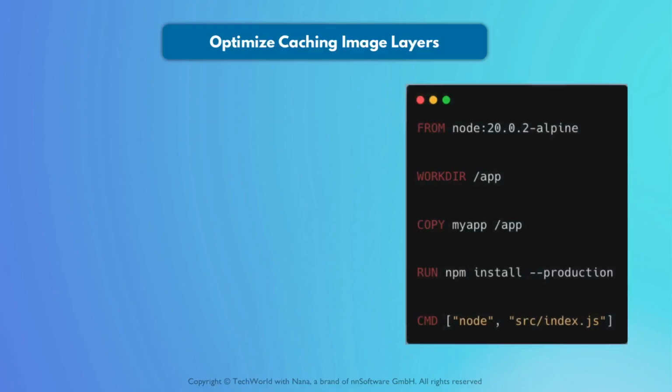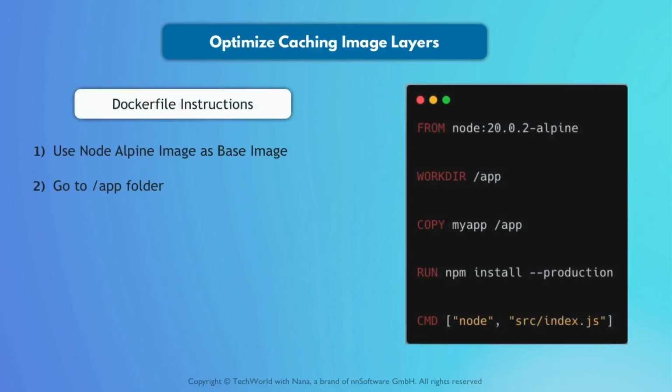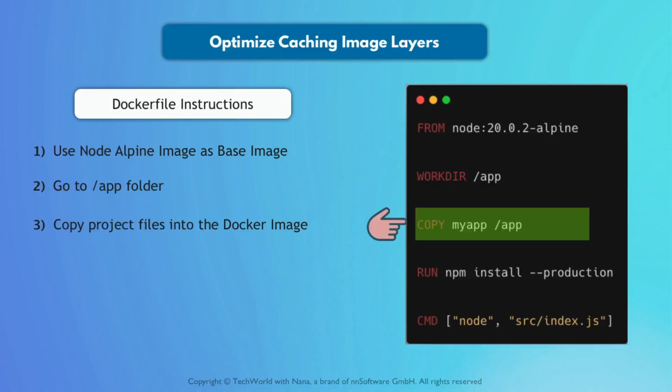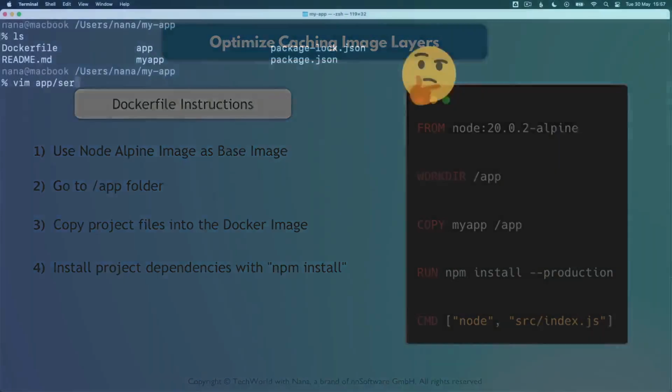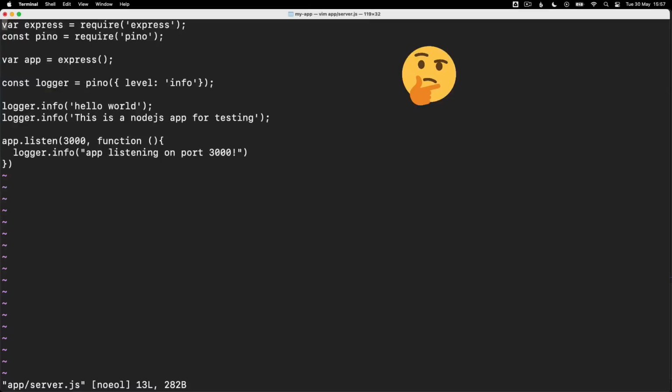So going back to our simple Docker file example, what we're doing here is that we're copying all the files from the project into the image using the copy command, and then we are executing npm install to install all the project dependencies inside. Now what happens if we make some code changes in our application?